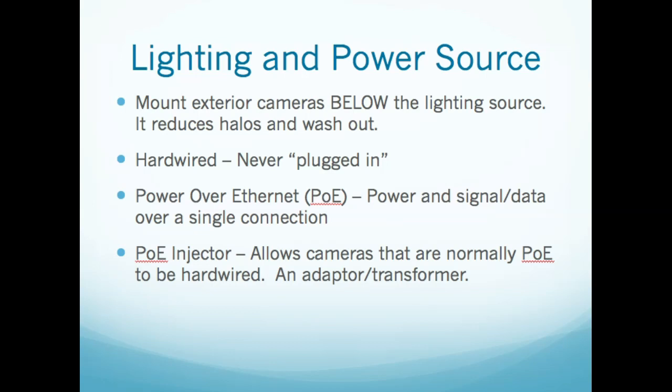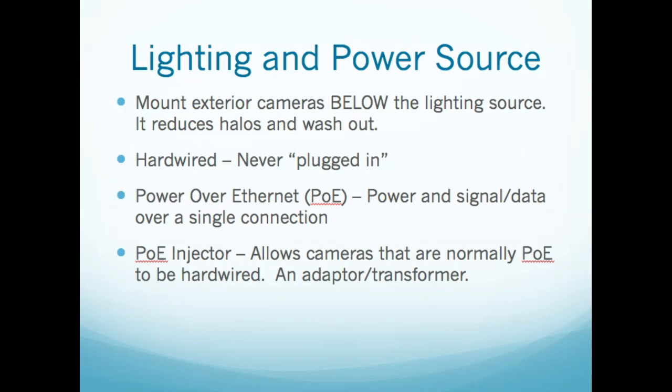Now, power over Ethernet is pretty basic stuff, and I think most of you are familiar with it. Instead of plugging something into the wall, you plug it into the internet, so it's getting its communications through a communications wire, but the power is also coming through that same wire. It's almost like when you have a Roku device or an Amazon Fire Stick and you plug it directly into the back of your TV, and you don't use the adapter, you use that USB to plug it into the TV.